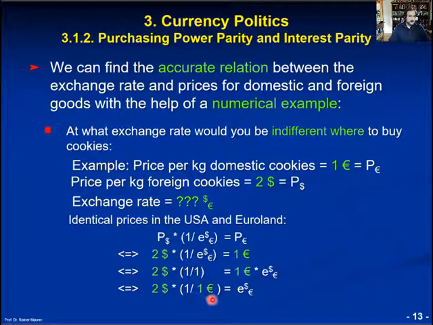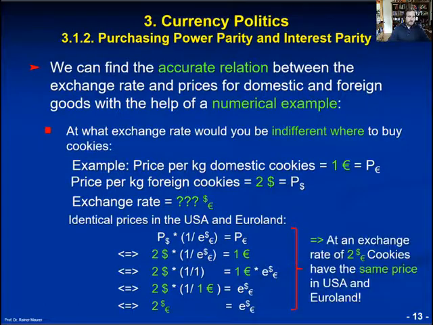And then we have here a numerical expression which we can easily calculate, and this expression tells us that the equilibrium exchange rate is $2 per euro. So it is in fact a number between the interval of $1 per euro and $4 per euro.